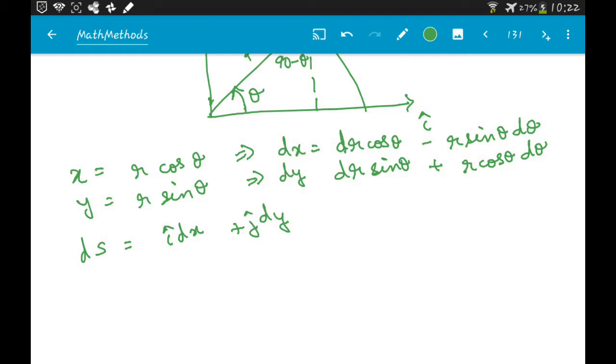So you can write it here and you are going to get something which is ER into dr plus E theta into r d theta.